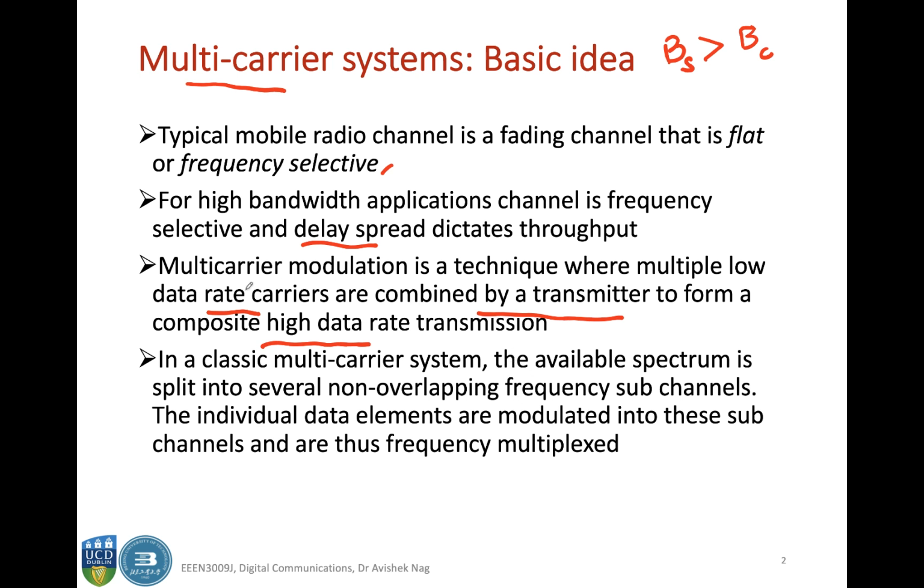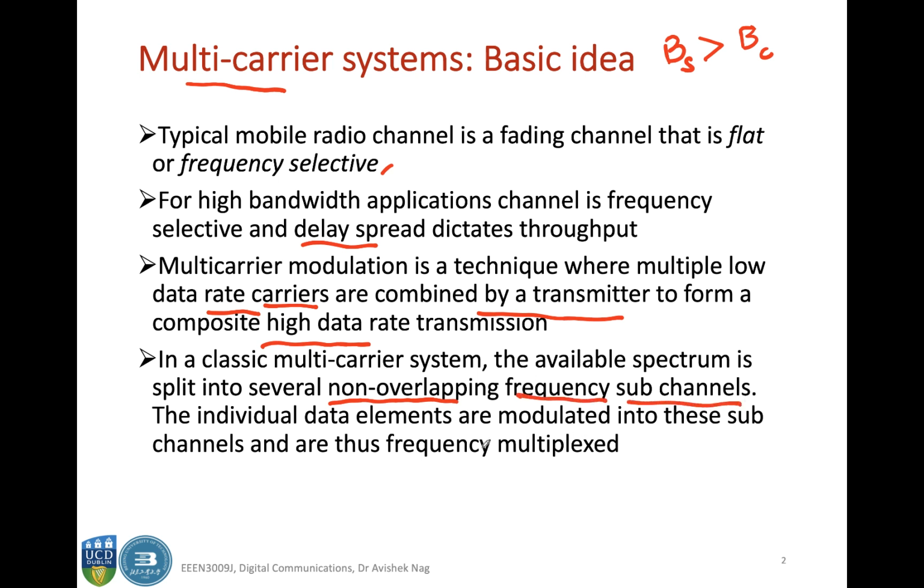So that's the time domain part. The signal is divided into multiple low data rate carriers and combined together to be sent through the channel. And in terms of the frequency response, the available spectrum of the channel is split into several non-overlapping frequency sub-channels.